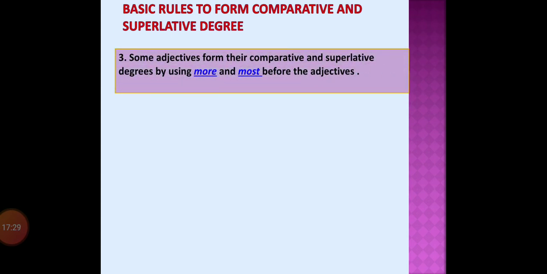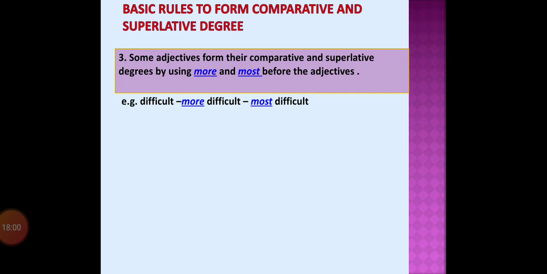Our third rule is some adjectives form their comparative and superlative degrees by using more and most before the adjective. It means for some adjectives we have to put the word more or most to form the degrees. For example, difficult: the adjective difficult won't follow the rule ER or EST. It won't change its spelling.